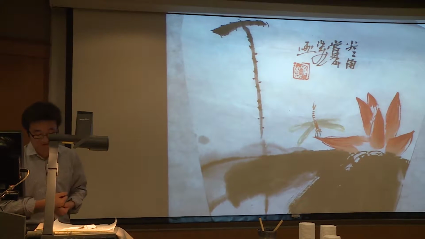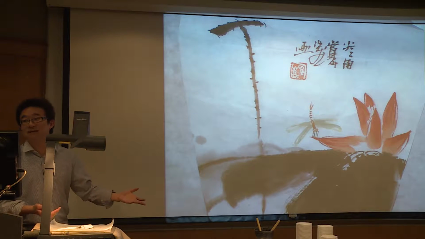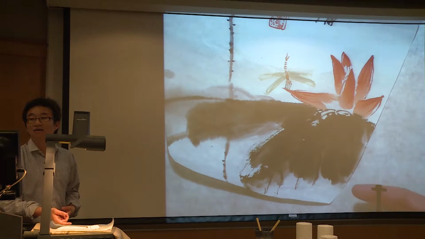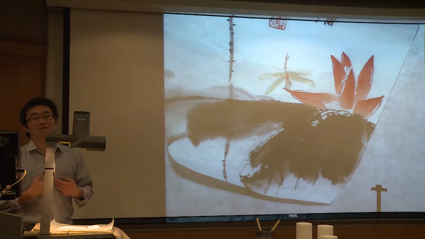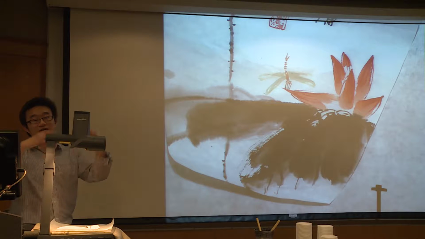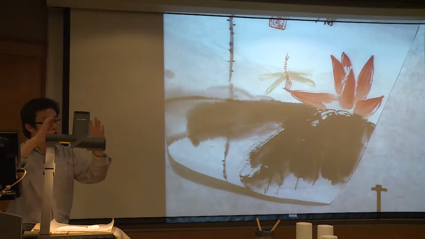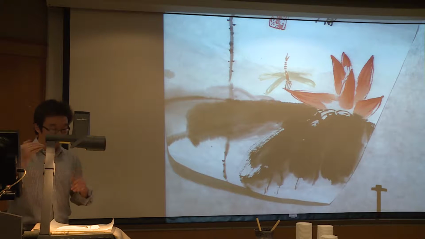We can tell there's red, and also black, which is Chinese ink. But it is not purely black. We can tell there's some transition of darkness, which is mixed with water. That's like the second element we learned, the contrast of yin and yang and harmony. Everything inside the painting has some transition.